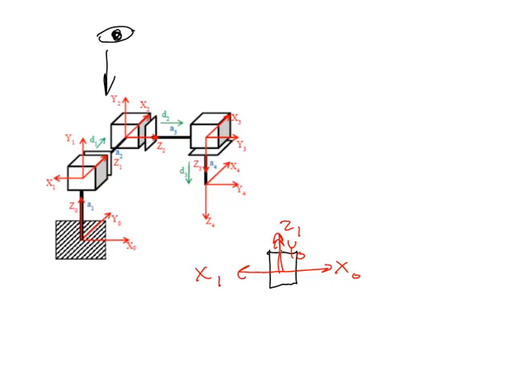Next, we'll have the link leading to joint number 2. And we'll see some of the axes from joint number 2. We'll see Z2, and we'll be able to see X2. But we won't be able to see Y2. Finally, we have joint number 3 over here.